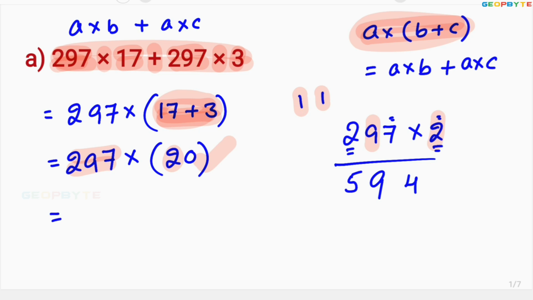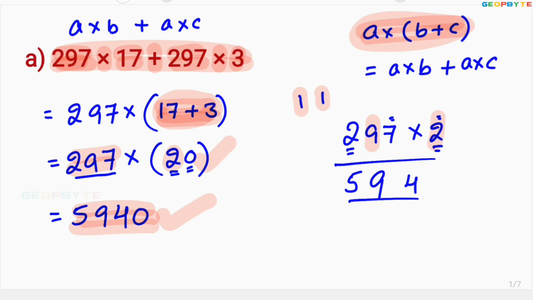So 297 into 2 is 594. Then you place this 0 here to get your answer. The answer is 5940. I hope all of you clearly understood.